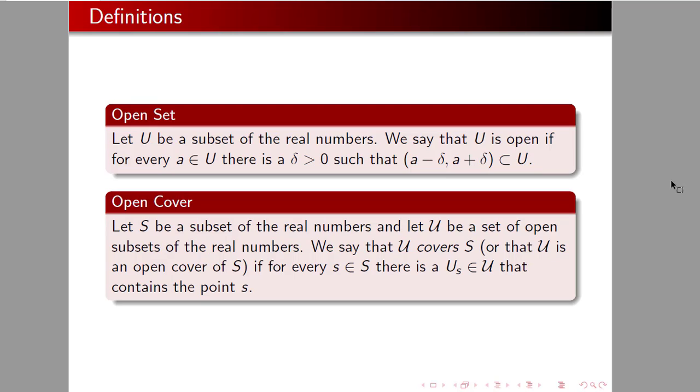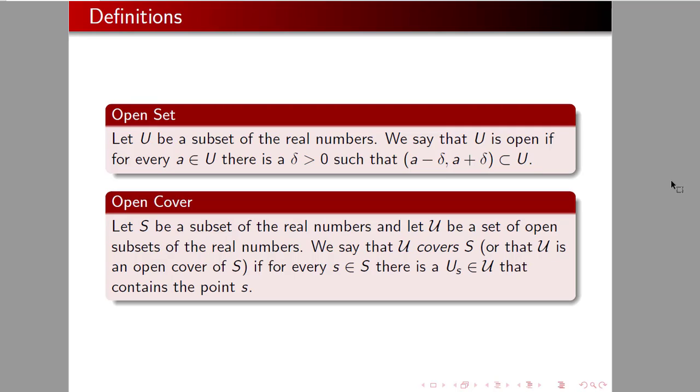Now an open cover. We're going to define an open cover. Let S be a subset of the real numbers, and let script U, this is calligraphic script U, be a set of open subsets of the real numbers.